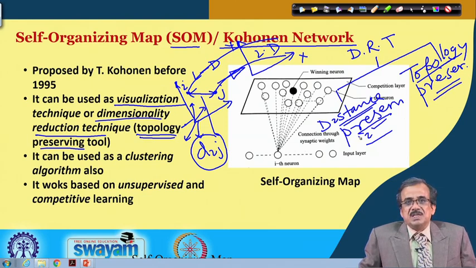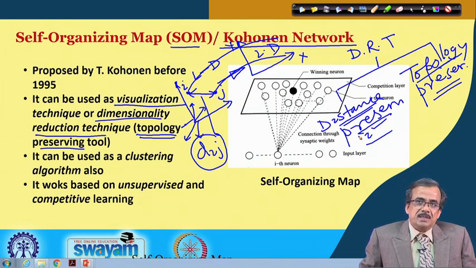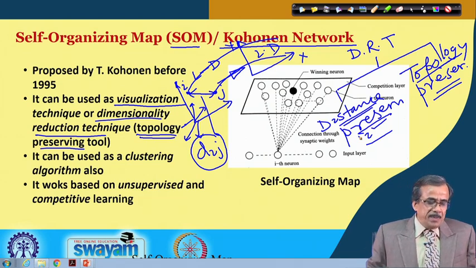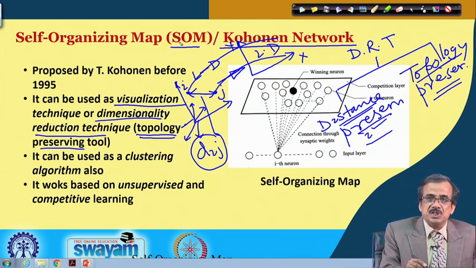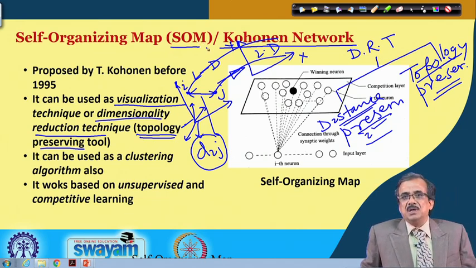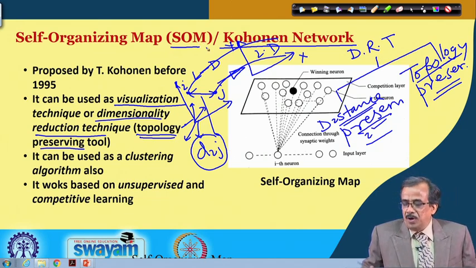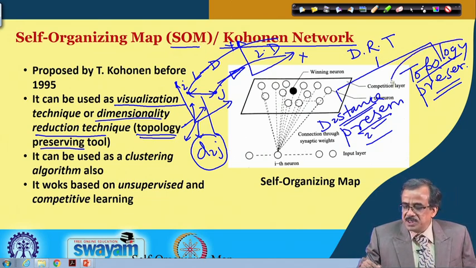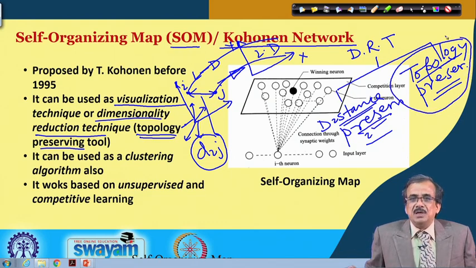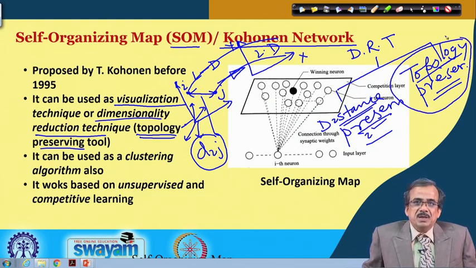Not only the distance, but we try to maintain the relative position of a particular point with respect to another point. Now, this self organizing map or SOM is a very efficient tool for topology preserving.